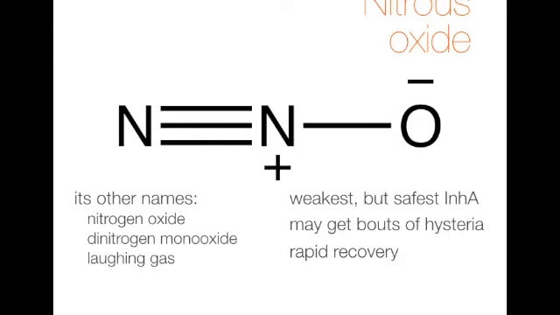Patients under its influence could get bouts of hysteria. The good thing is that it also led to rapid recovery. Once you pull the tooth, the influence of the nitrous oxide gas simply wears off quickly.